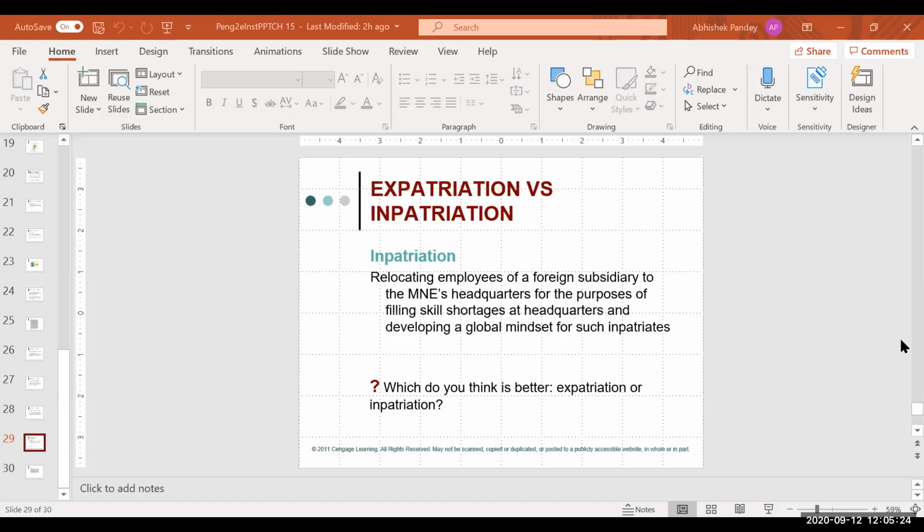Yes, so I'll just show a sample question paper for that. Let me just take out the questionnaire.